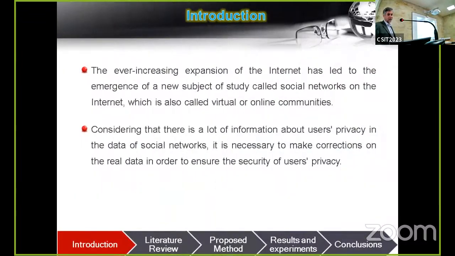In the introduction, we know the ever-increasing expansion of the internet has led to the emergence of a new subject of study called social network on the internet, which is also called virtual or online communities. Considering that there is a lot of information about users' privacy in the data of social networks, it's necessary to make corrections on the real data in order to ensure the security of users' privacy.